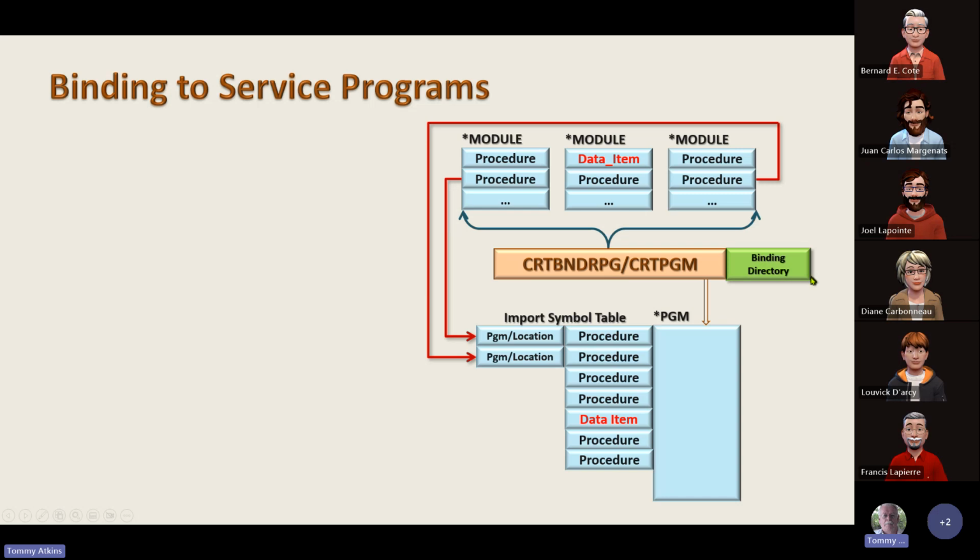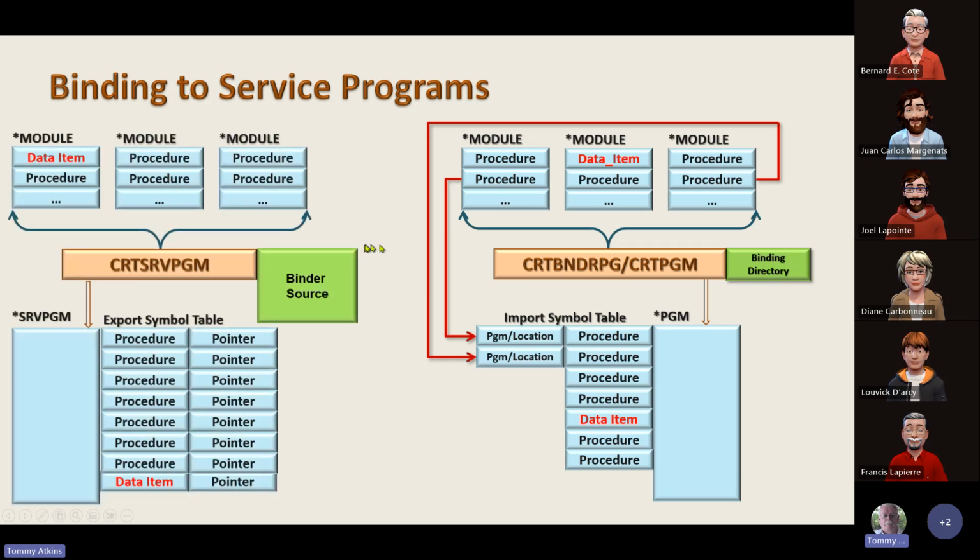And this is the reason why I say you should have all your service programs in one binding directory and one binding directory only, so that you always know where you're looking for the binding directory. What this is used for is when the binding needs to be done, and these import symbols have not been resolved. The binder will go to the binding directory, and it will look at all the entries in the binding directory. All of them.